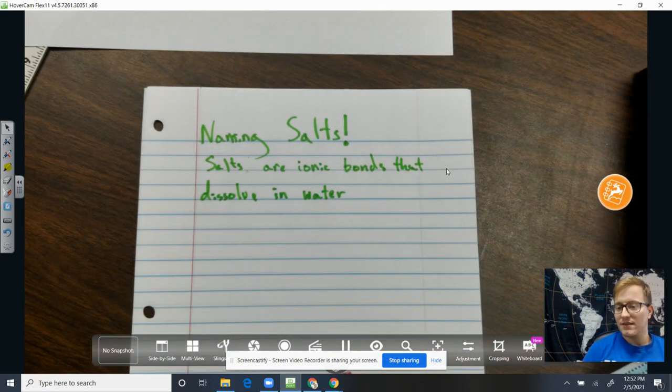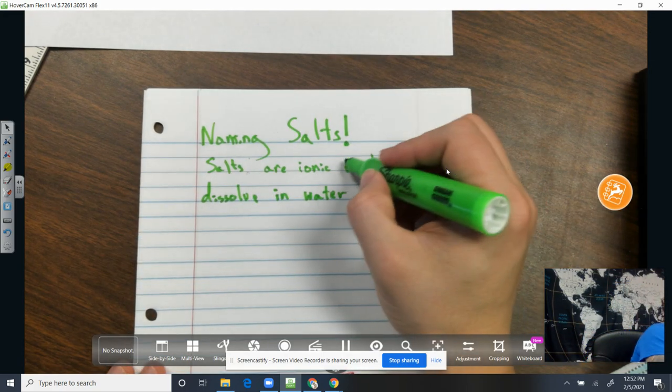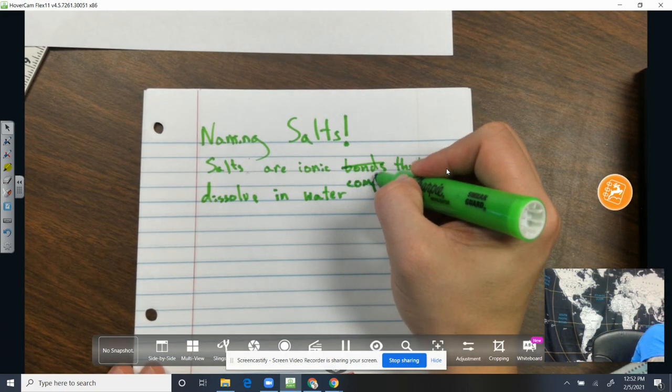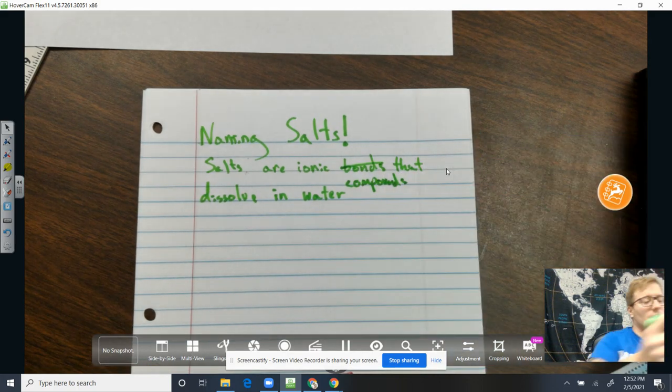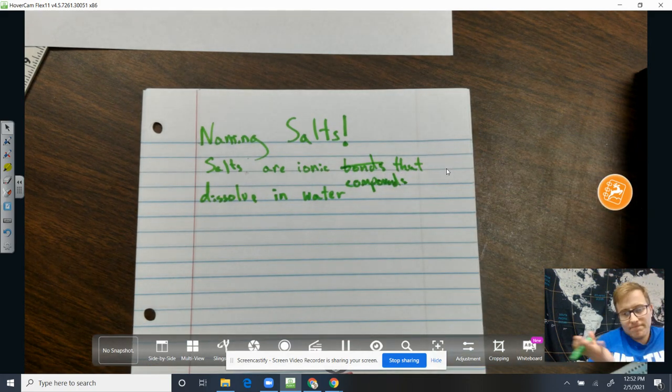I put bonds, I meant compounds. Ionic compounds that dissolve in water. The bonds also dissolve, but we can put salts in water and they all disappear. Okay? We're going to be naming them today.